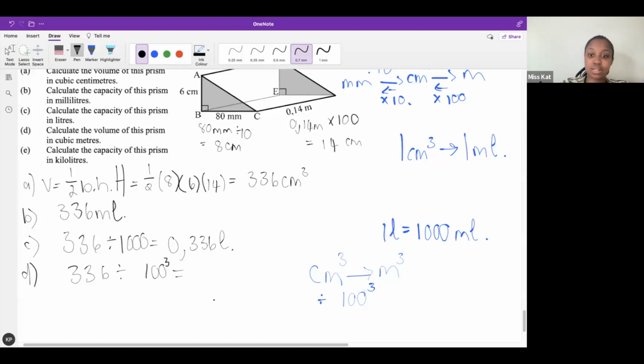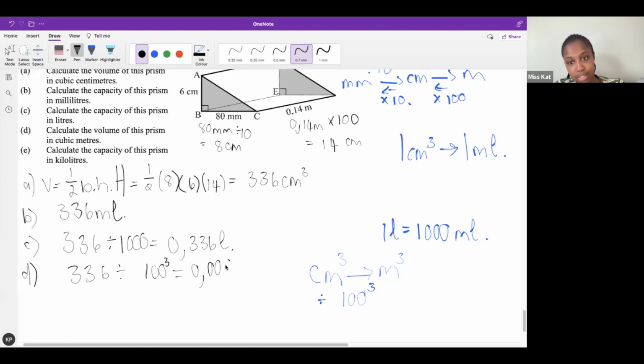So it is 336 divided by 100 cubed. You forgot to cube the 100. It's 0.000336.